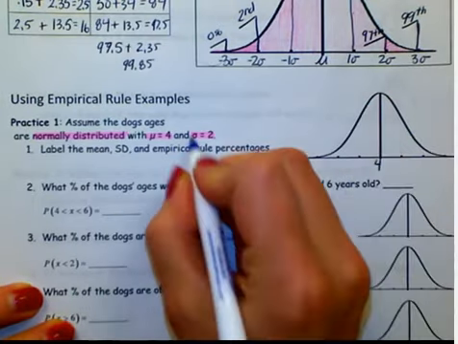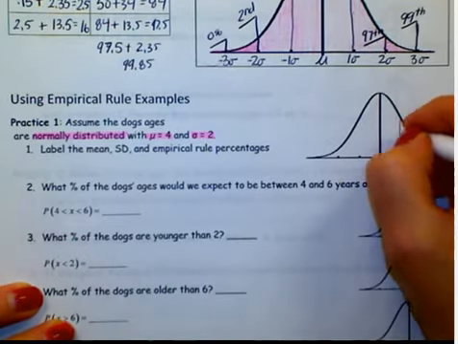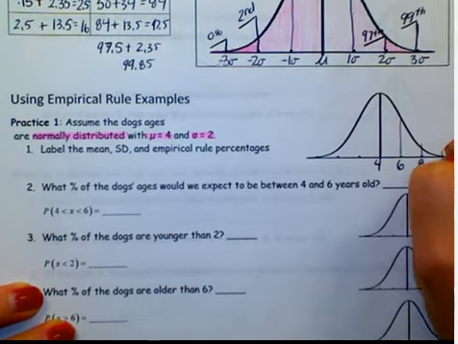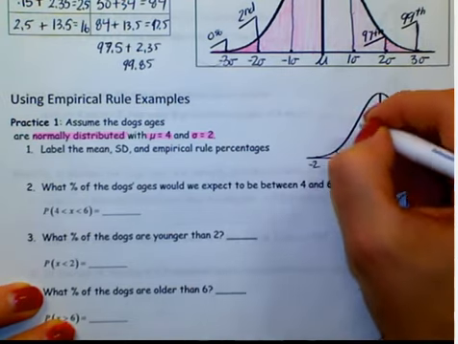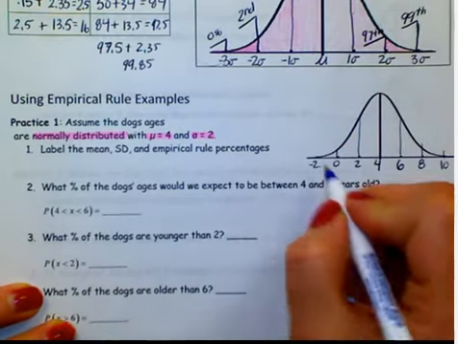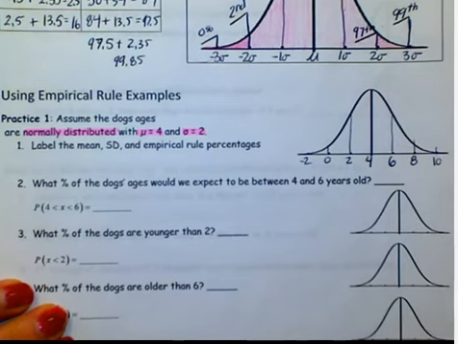4. Now with the standard deviation of 2, I'm just going to go ahead and add 2. Now I understand that dogs' ages can't possibly be -2, but we're just going to have to do our best to interpret the information.